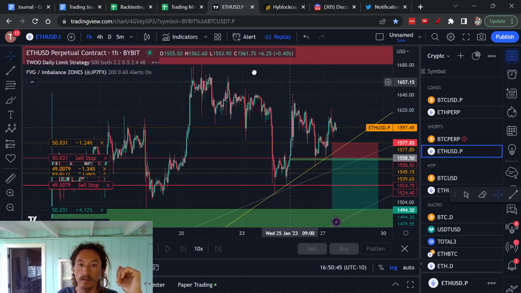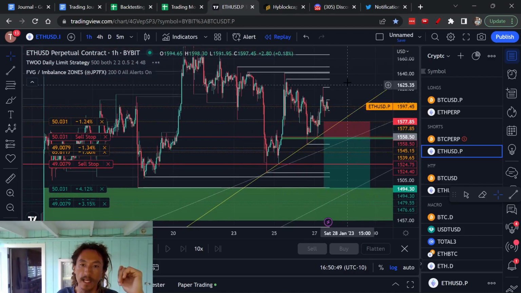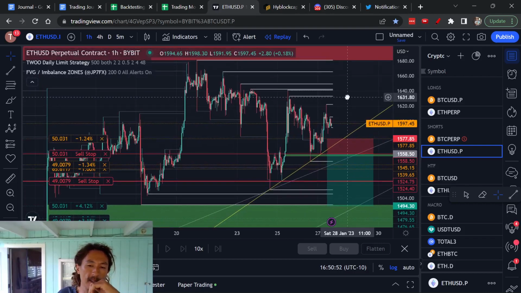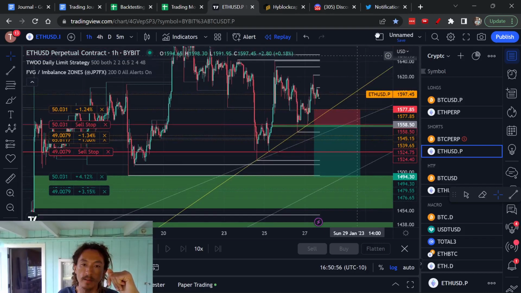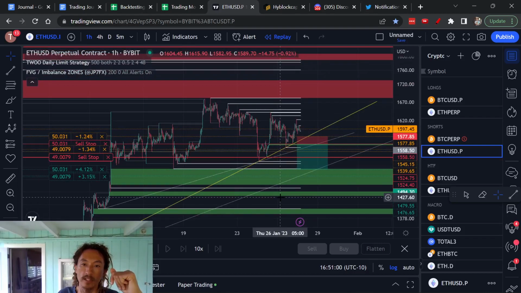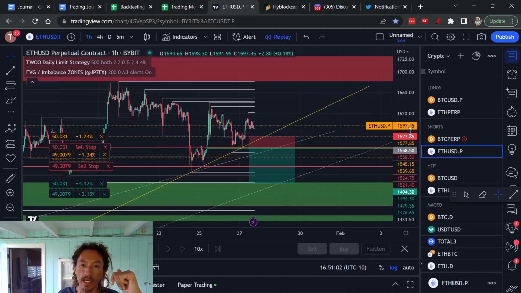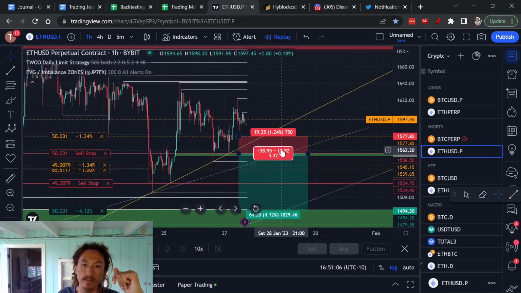Okay, now I have a breakdown short on ETH. Again, I'm aiming for a quick R, and I think it's acceptable because we have 1, 2, 3, 4 days here now, and we have a higher time frame trend line. And I'm also not trying to hold for a new trend. I'm trying to get a quick profit, so I think that is acceptable.